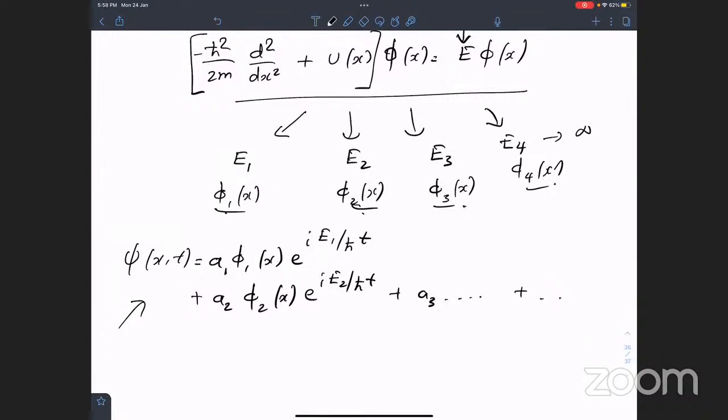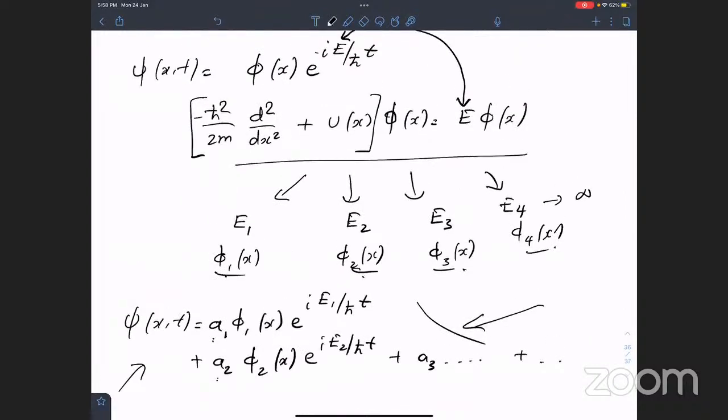All the interesting effects of quantum mechanics, like superposition and state preparation, actually come from this, because a1 and a2 are in general complex numbers. You can have all kinds of very interesting things happening with this, but I hope you understand why this is the more general solution.